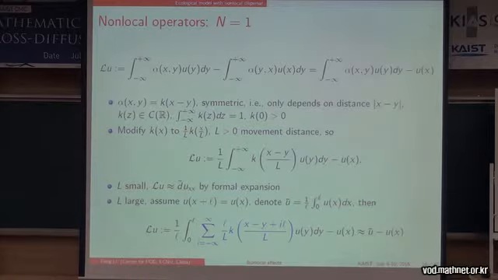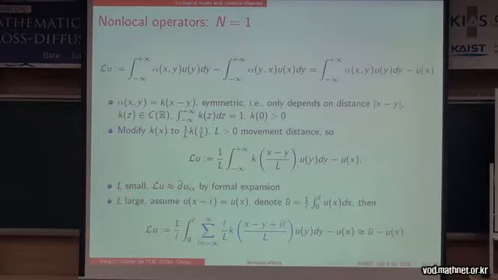Then we modify this k of x. We introduce a parameter capital L, which represents the movement distance. So here, this capital L becomes this operator. Now formally, when the movement distance capital L is very small, just by expansion, you'll see capital L of U can be approximated by the random diffusion case.